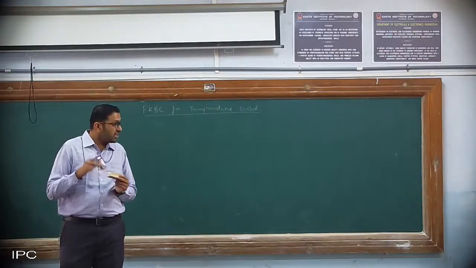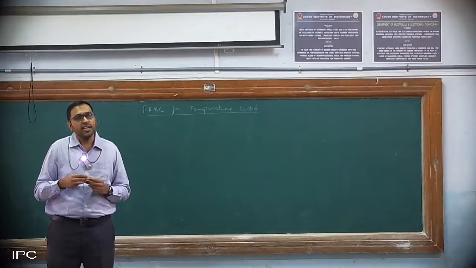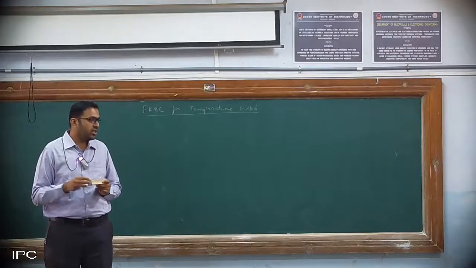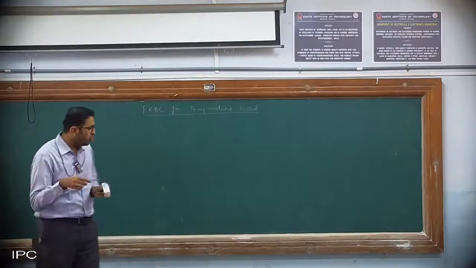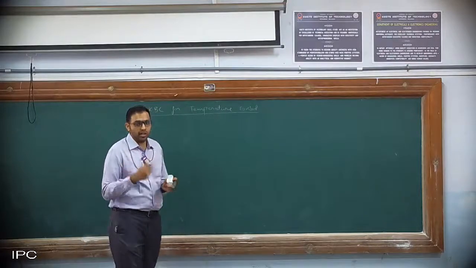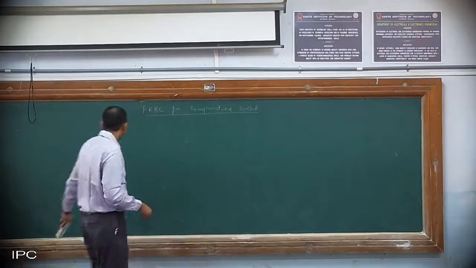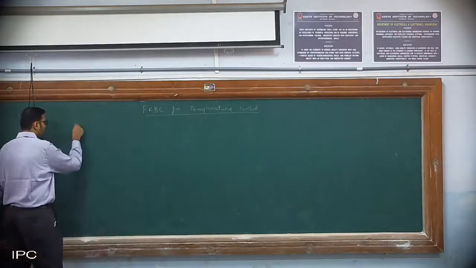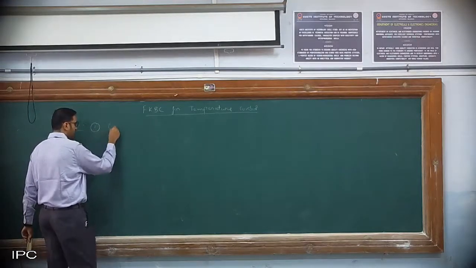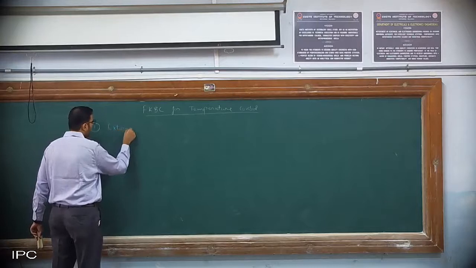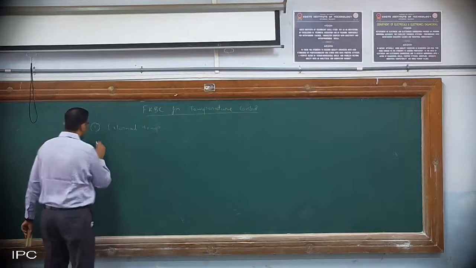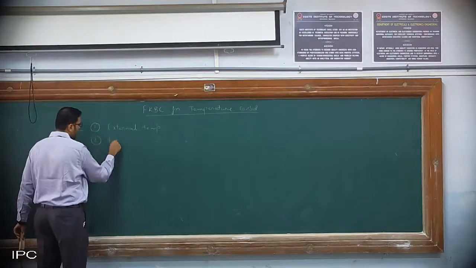Now this temperature controller needs to be designed using fuzzy logic. Fine. So in order to do this, again the same thing, we need to select the input and output parameters. So our input parameters are, first, external temperature. Second, humidity.